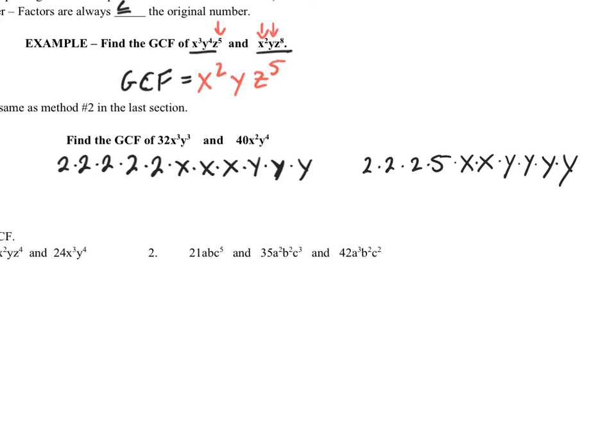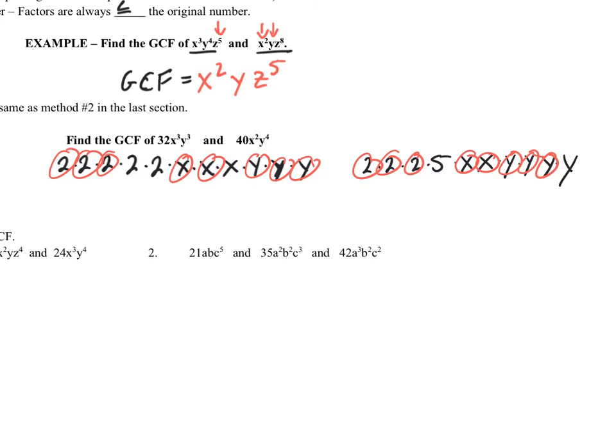And just like before, we're going to pick out our common factors. So they have a 2 in common, another 2, another 2. They have an x in common, another x, and then a y, another y, and another y.